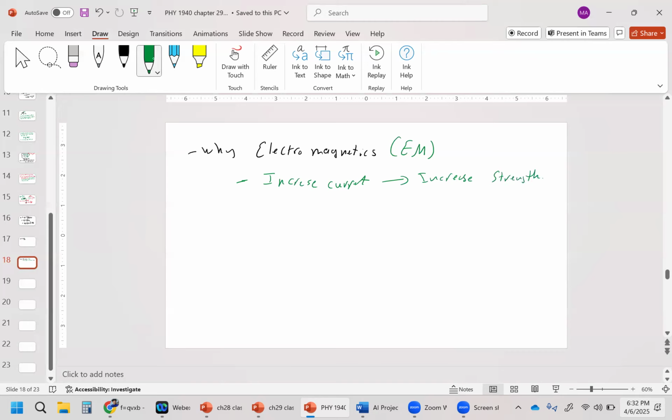Because again, you can alternate that. When you switch off I, the magnetic field turns off.